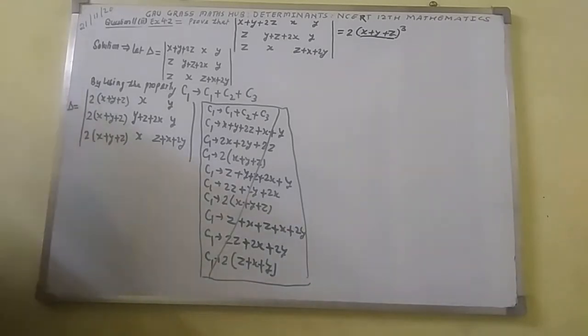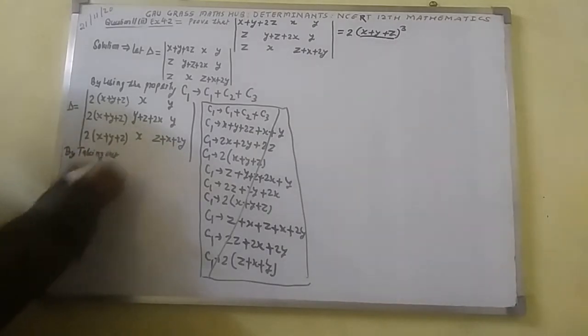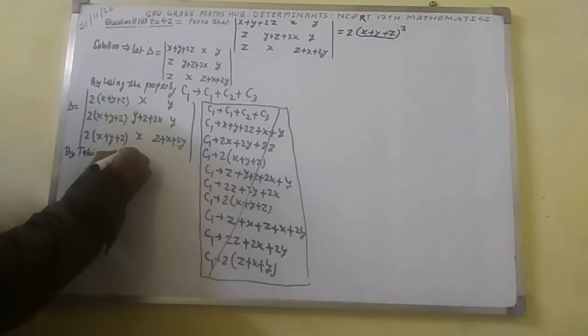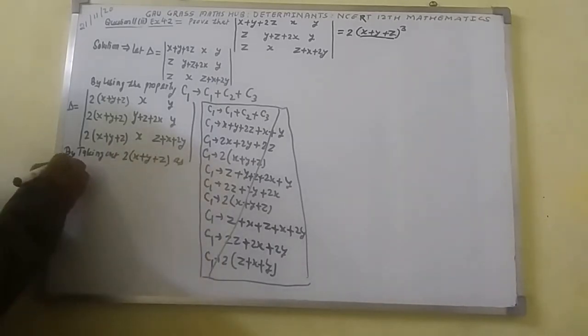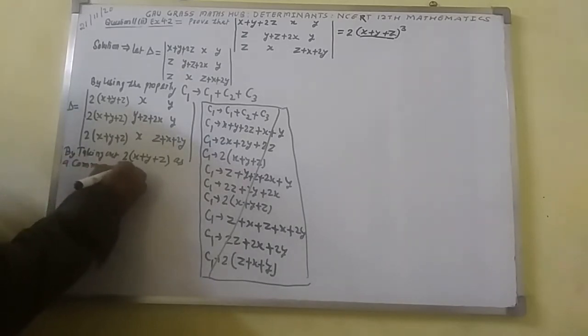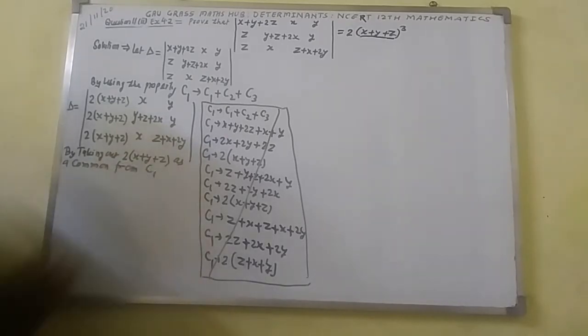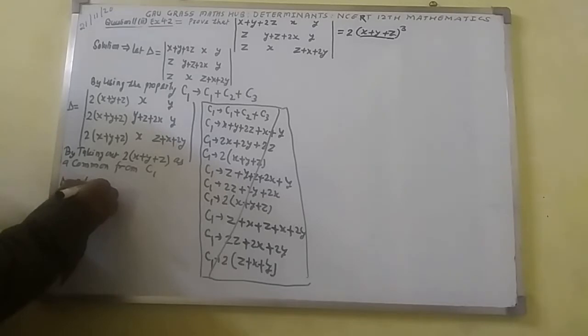So here I shall write, by taking out 2 dot x plus y plus z as a common from C1, I shall get this one, determinant equal to 2 in bracket x plus y plus z.